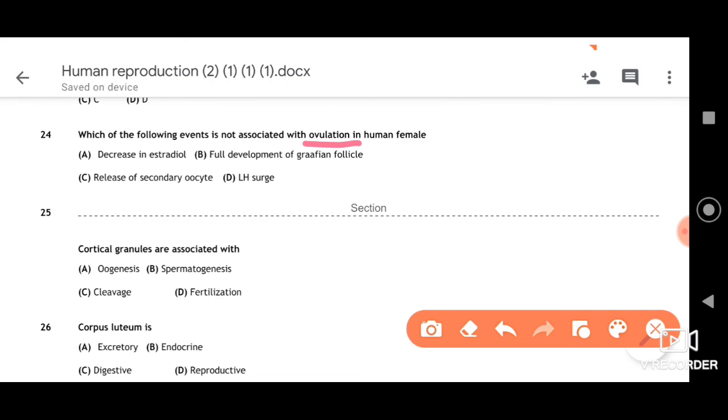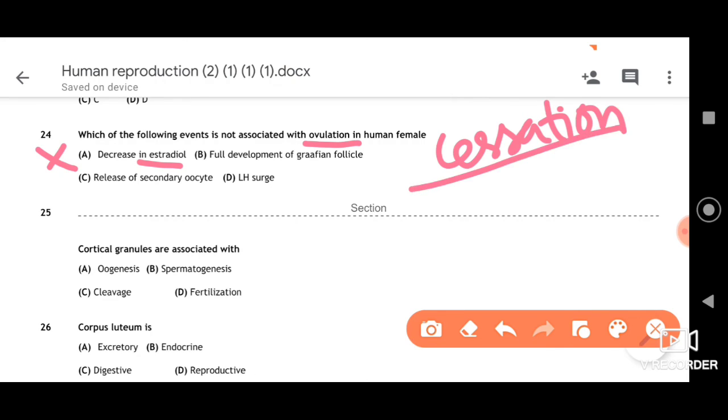Let me tell you that the estradiol which is mentioned here is not at all associated with ovulation, my dear friends. The decrease in estradiol level results in cessation of menstruation, that is, the stoppage of menstruation.